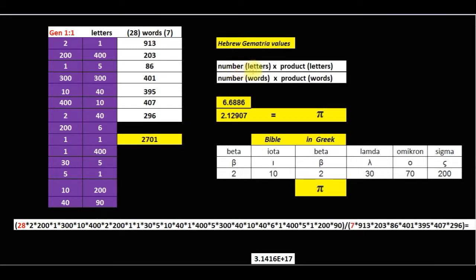But if we take the number of letters times the product of those letters, divided by the number of words times the product of those words, we see that pi is encoded. I have the equation down here, the formula that worked out to be 3.14 right here. And we have the Greek name for the Bible, totaling 314, Biblos.